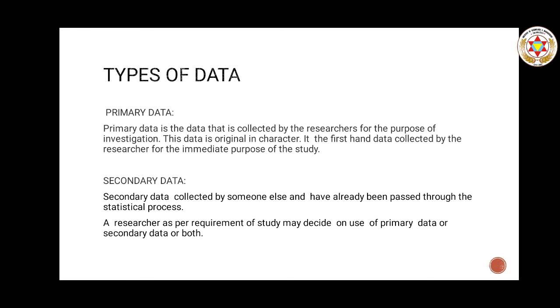Secondary data is the data which has already been collected by others, and it has already passed through the statistical process. A researcher, as per the requirement of the study, may decide on the use of either primary data or secondary data or both.